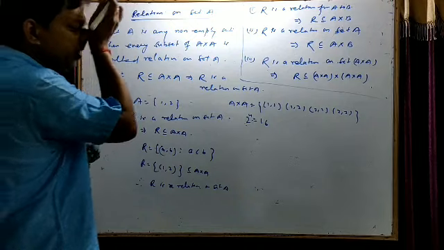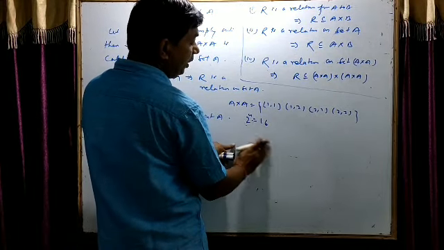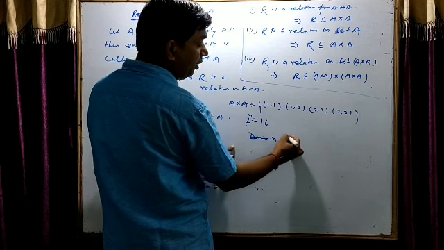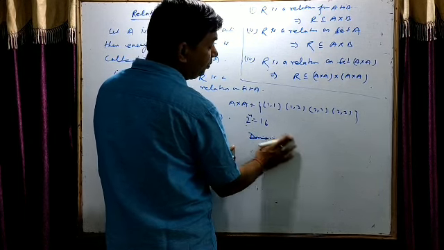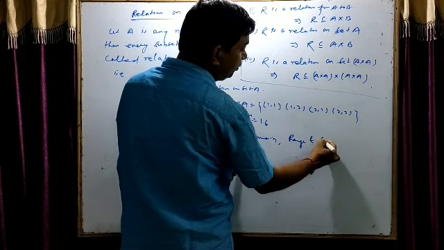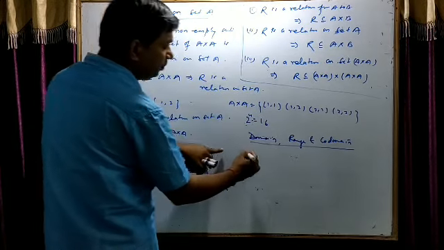Now here are three things: domain, range and codomain. What is domain?